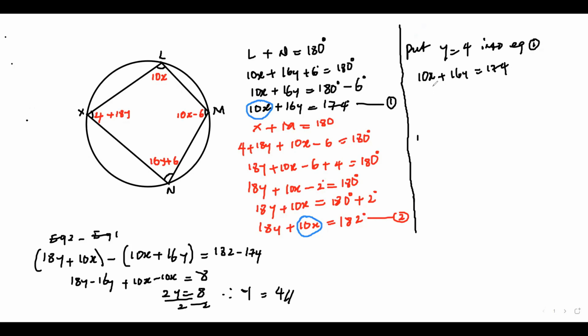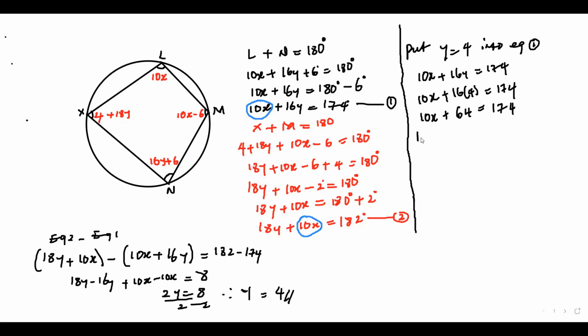So we fix y equal to 4 now. It becomes 16 open bracket 4 close bracket, equal to 174. So this is 10x plus, now if you multiply this, you have 64. So this is 10x plus 64 equal to 174.